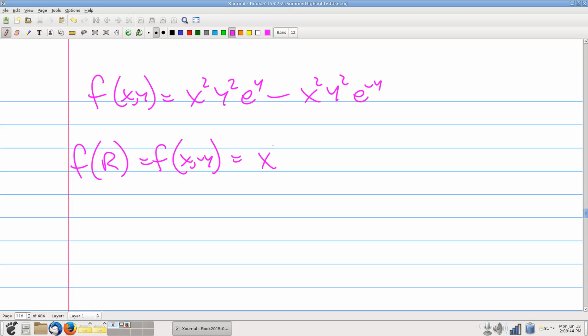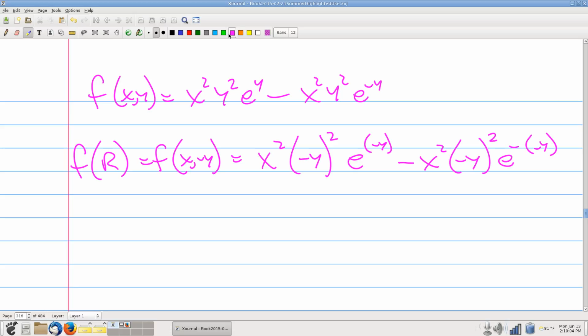Being very careful, that is x squared minus y squared e to the minus y minus x squared minus y squared e to the y. Let's take a pause on that. Does everybody see how I plug that in? Because I have to plug in minus y everywhere I see y in the above formula. It's really easy to lose some minus signs in that process.